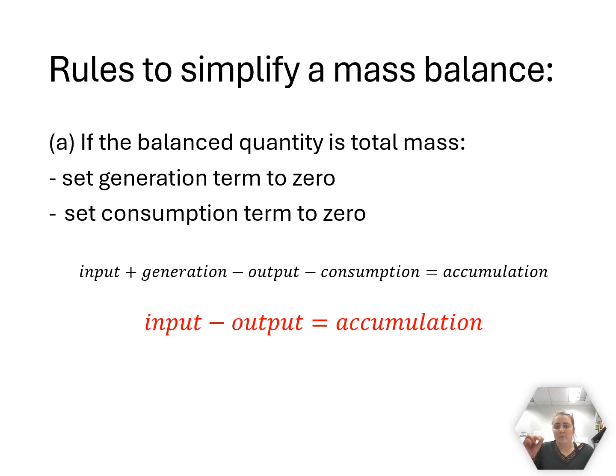So again, total mass, not mass of A, not mass of B, total mass in the entire system. If this is the case, the generation term right here can go to 0, and the consumption term can go to 0 in this particular case. This means that the input minus the output in this type of system is going to be accumulation. So number one thing you look at in a problem, can you balance total mass? If you can balance total mass, you can simplify the general balance equation to something easier.